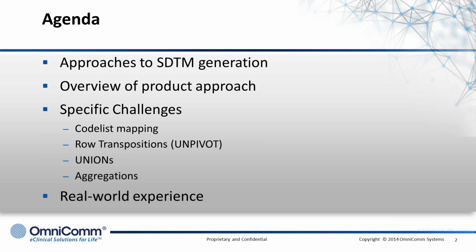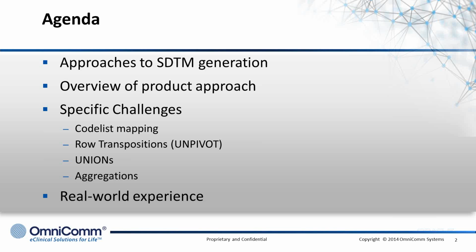Here's what I'll be covering, certainly starting with the approaches to SDTM generation, and then an overview of the specific approach we have in the TrialMaster product, and then really dovetail some of Albert's examples on specific challenges of how do you take the CRF data and map it to SDTM. We'll talk about codeless mapping, so if you didn't happen to start with the NCI standard code list, how can you do that?